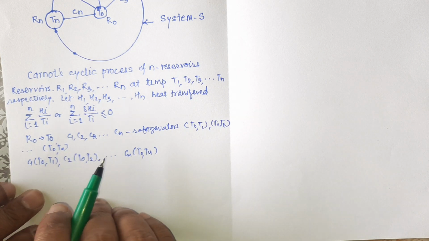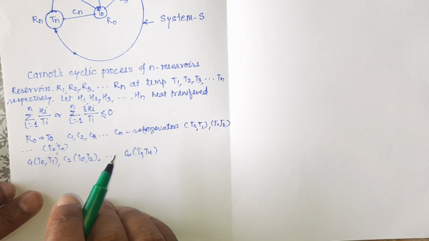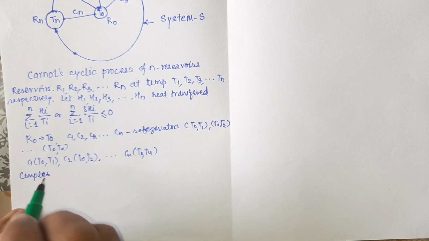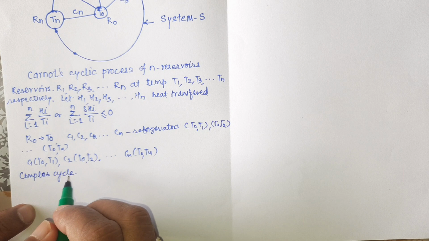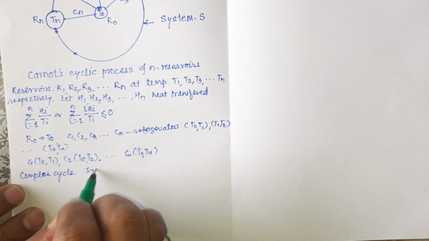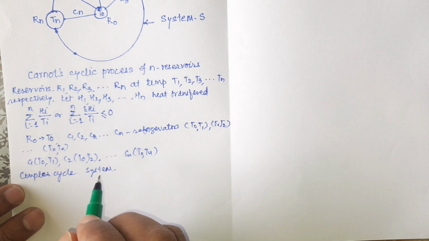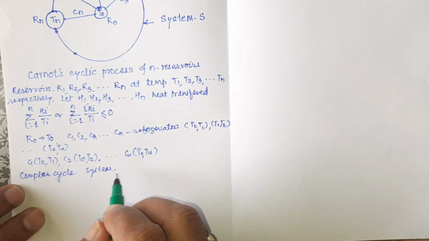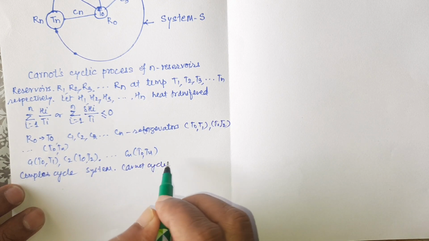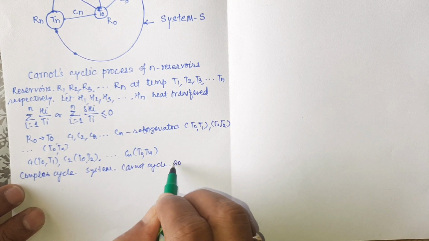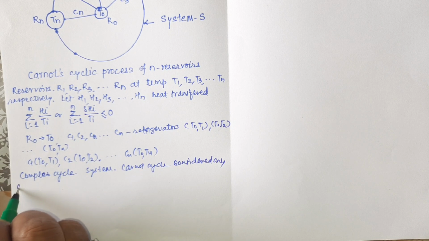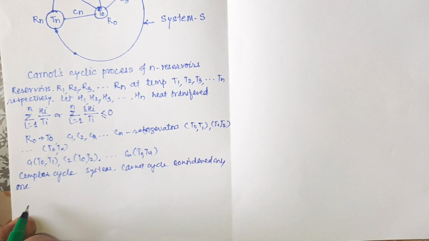In this above composite cycle, now consider a complex cycle, consisting of the cycle performed by the system S, and each of the Carnot cycles considered only once.